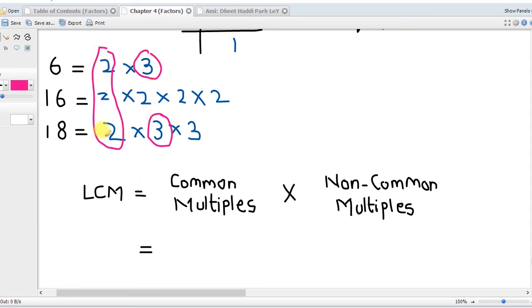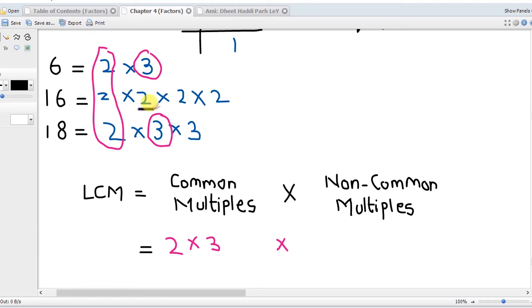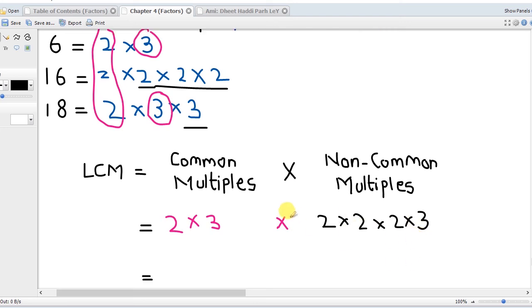So write the common ones. From here we are having 2 and then we are having 3, right? And the non-common multiples, which are this 2, 2, 2 and 3. So write it here, 2 times 2 times 2 times 3, right?